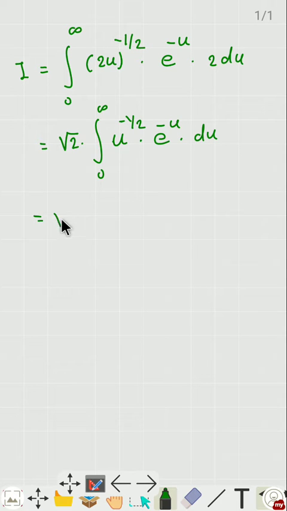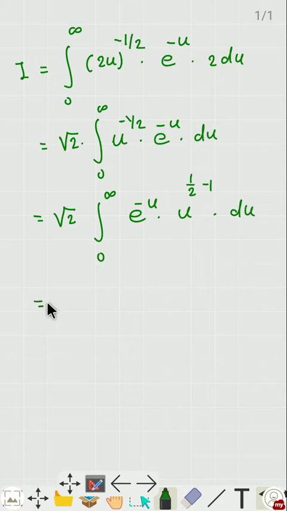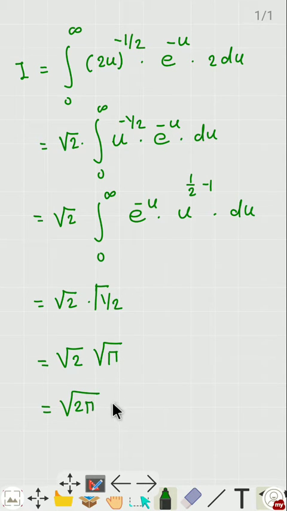The same integration I will write the other way round: e raised to the power minus u into u raised to the power 1/2 minus 1, this is minus half, du. So it is root 2 into, this is again a gamma integration and this is gamma half, but gamma half is root pi. Root 2 into root pi means square root 2 pi.